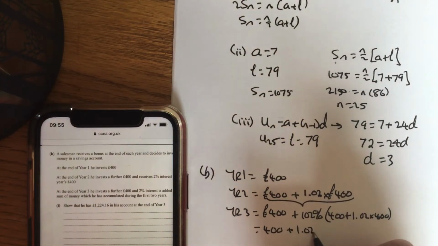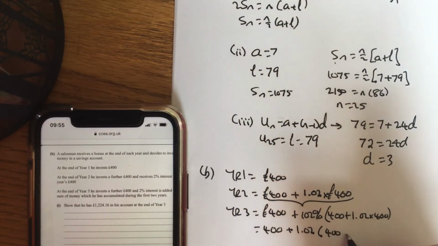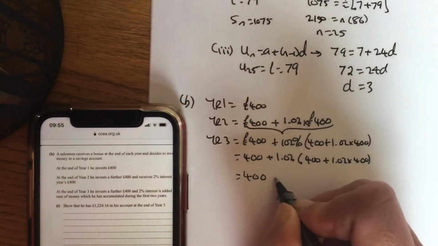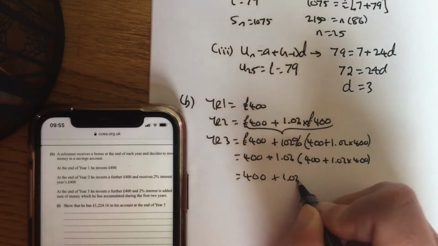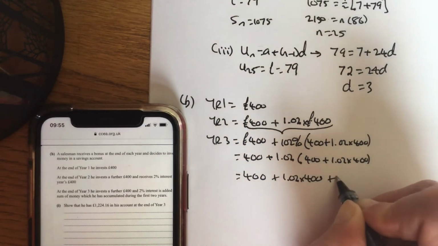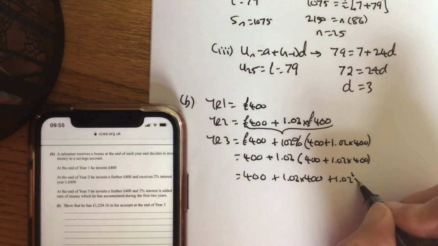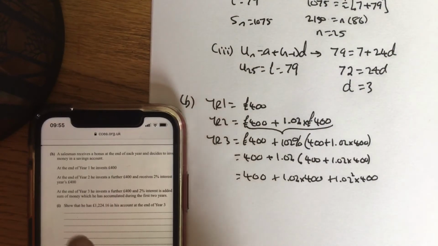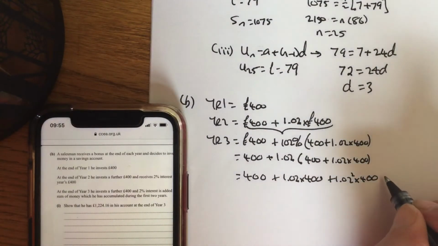So it's 400 add 1.02 times 400. Tidying that up, you're always looking for patterns for these. That's where my biggest piece of advice is, looking for patterns. Add 1.02 squared times 400. Now, the question says show how much he has in the account at the end of year 3.